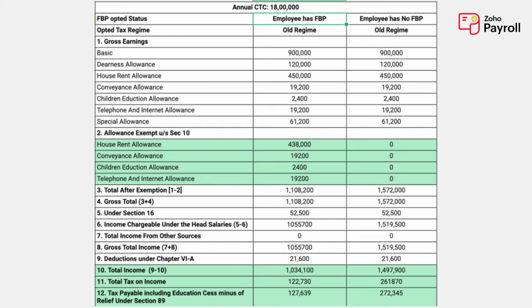The employee receives a basic of 9 lakh per annum, a DA allowance of 1 lakh 20,000, house rent allowance of 4 lakh 50,000, conveyance of 19,200, children education allowance of 2,400, and telephone and internet allowance of 19,200. And finally, the employer has a special allowance of 61,200 rupees.